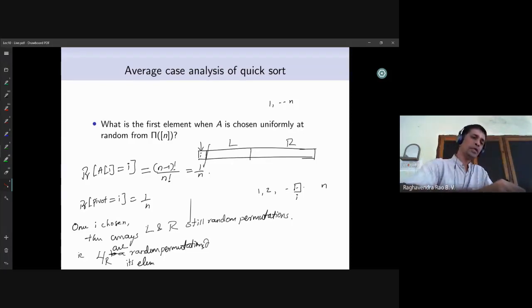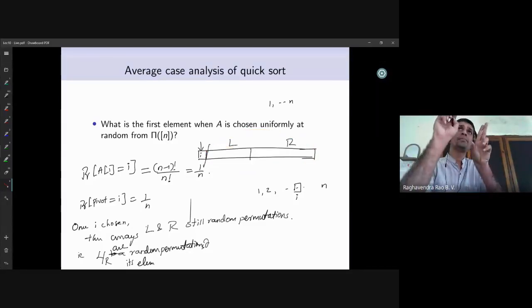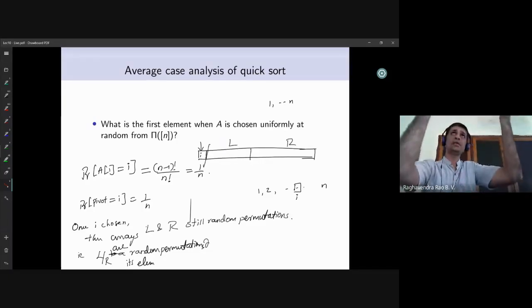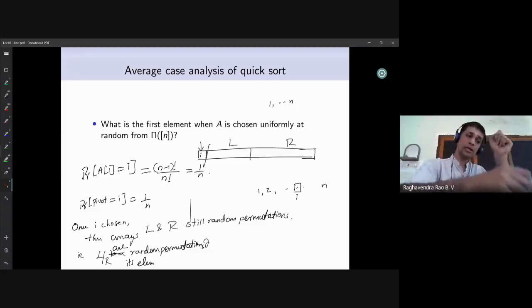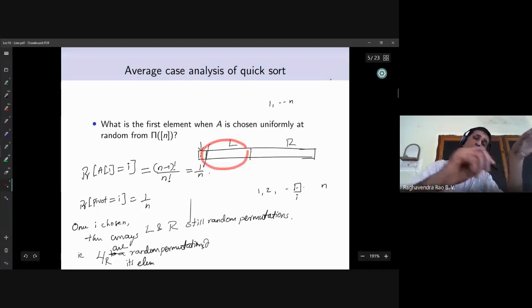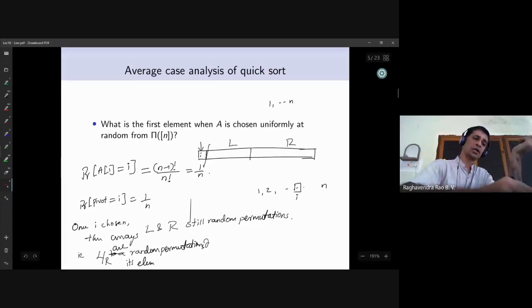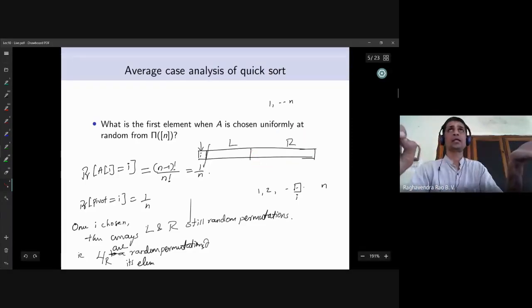When I'm permuting the remaining n minus 1 elements, the elements I see from this lens are also permuted randomly, because the whole set is being permuted. So for the left elements, I'm actually getting a random permutation, and similarly for the right of the pivot.